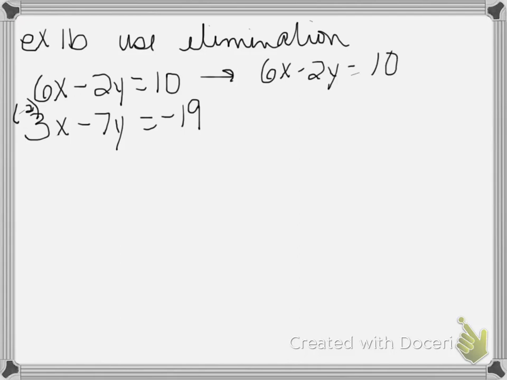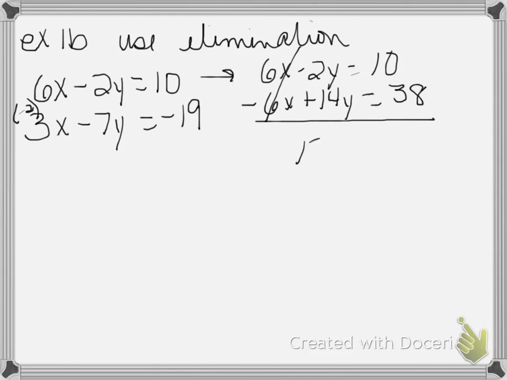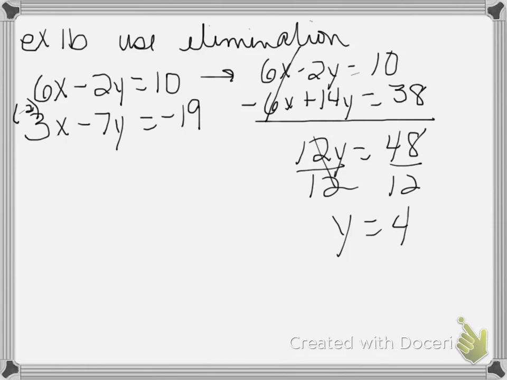So again, when I multiply negative 2 times everything, that's negative 6x. Negative 2 times a negative 7y is a positive 14y. And negative 2 times a negative 19 is a positive 38. So my x's go away because now they have opposite coefficients. So that's 12y is equal to 48. Divide both sides by 12, and y is equal to 4. Now I need to plug 4 for y into either one of the original equations.